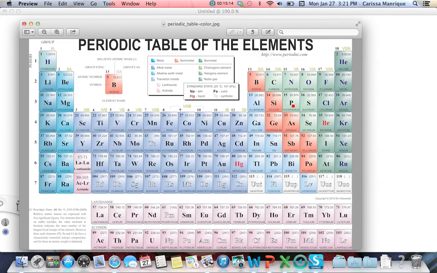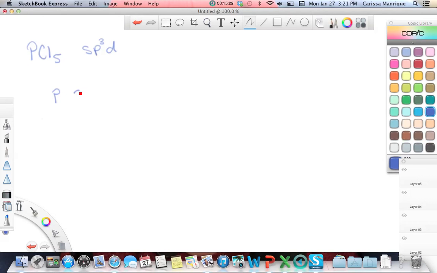Phosphorus is right here. So this is going to be 3s2, and this is the valence. 3s2, 3p1, 2, 3. Okay, so I have 3s2, 3p3.